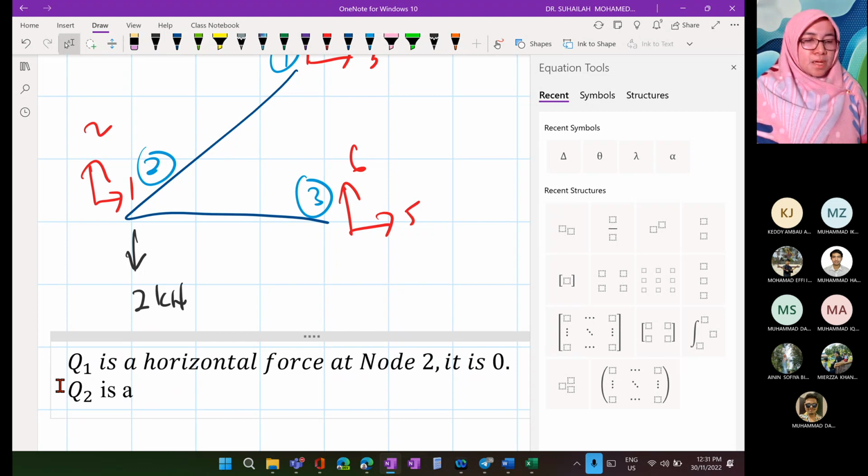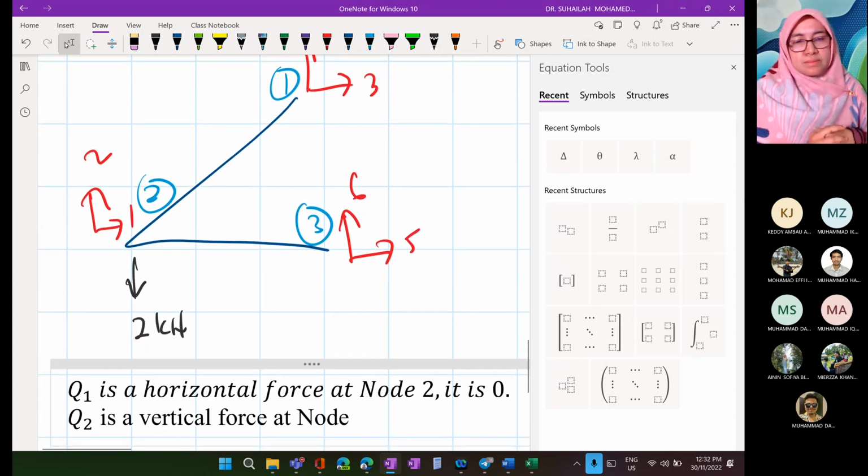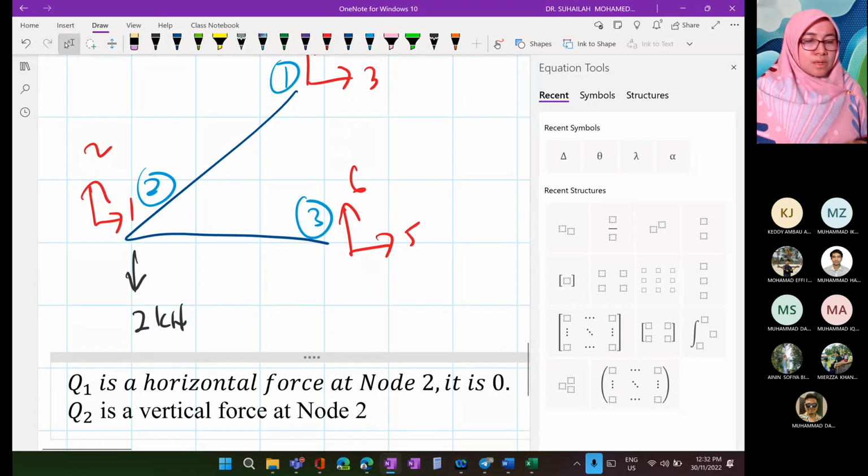Position number 2, horizontal or vertical? Vertical. It is vertical. Which node? 1, 2, 3. Node 2. Yes, node 2. It is a vertical force at node number 2.